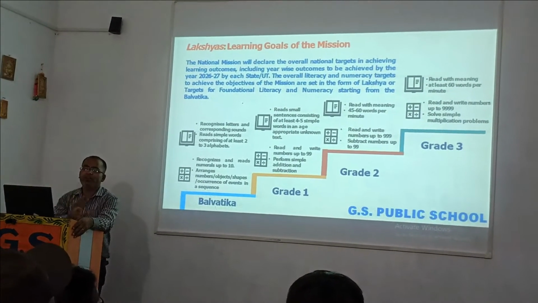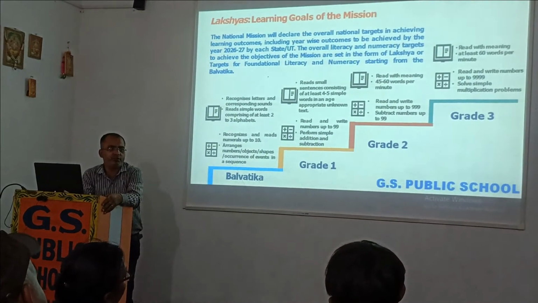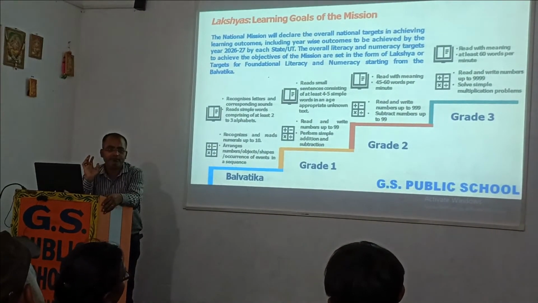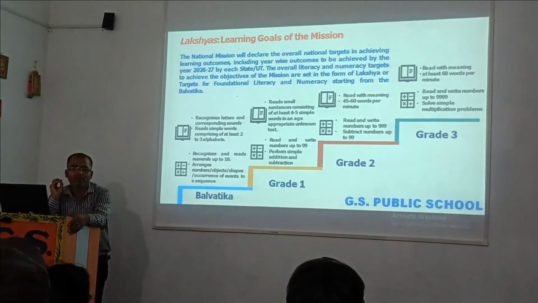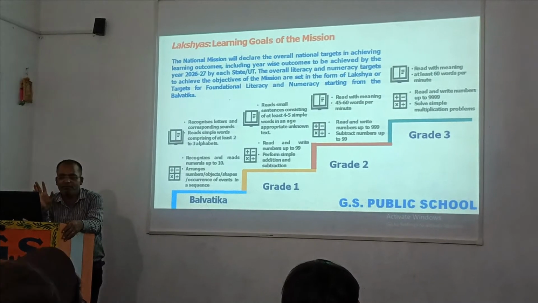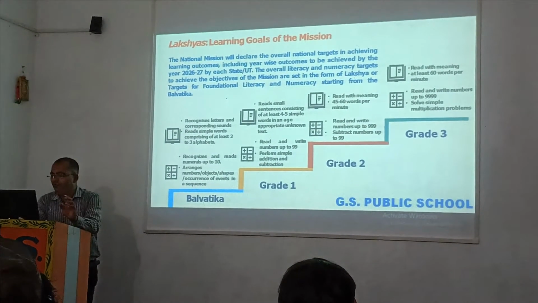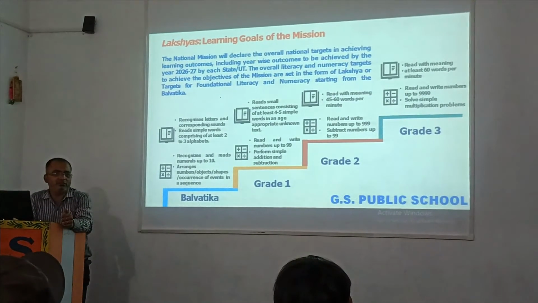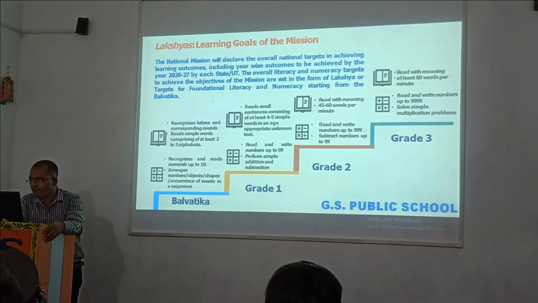Means whatever the mathematical calculations are there within 10,000, the student should be aware of. Either multiplications, additions, subtractions, decimals, everything within that, less than 1000, that the student should be totally aware of.